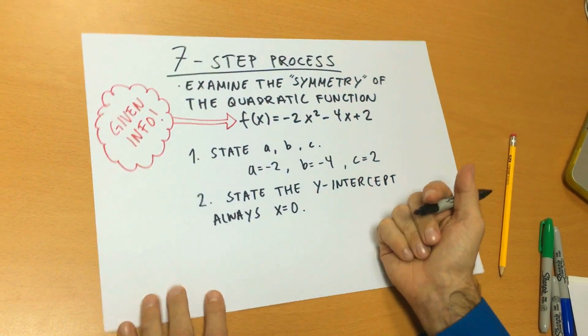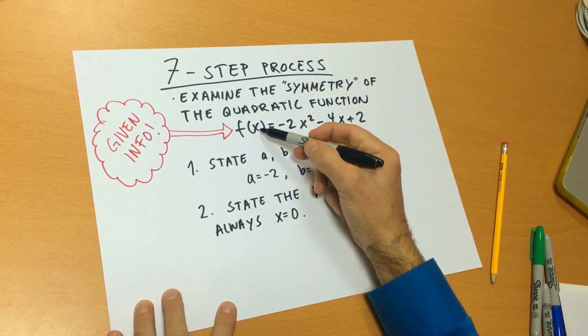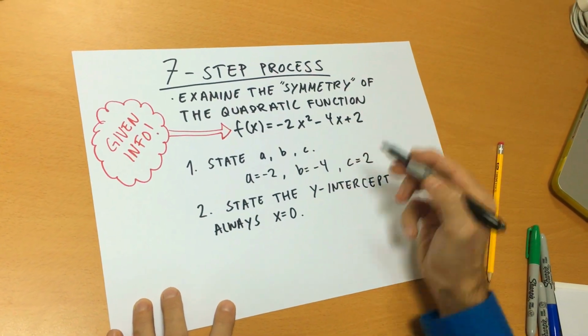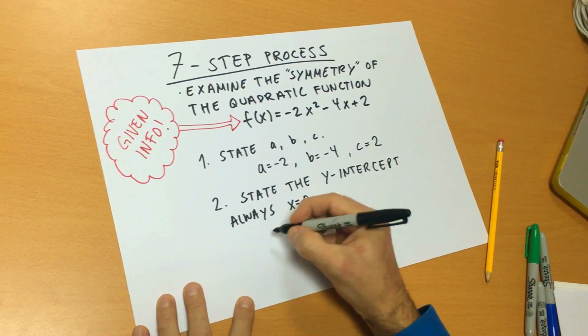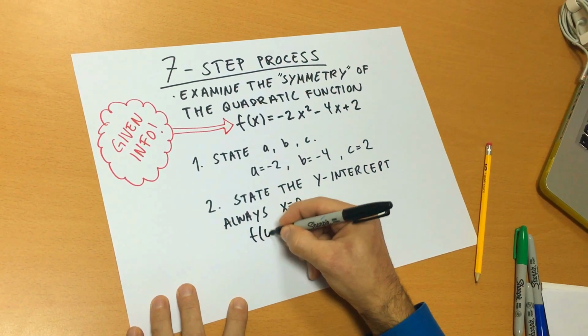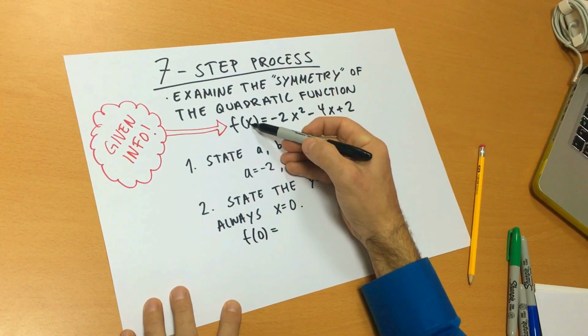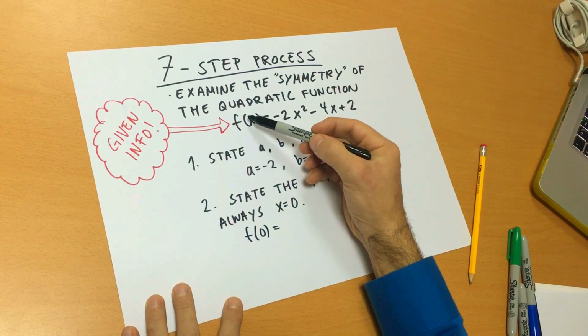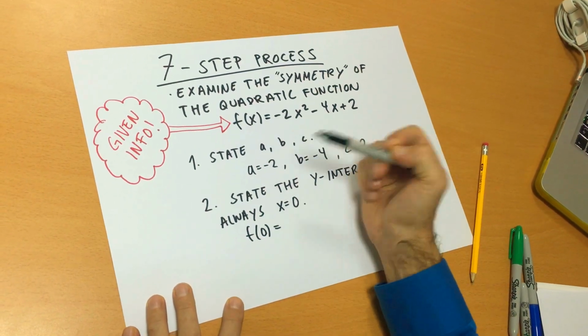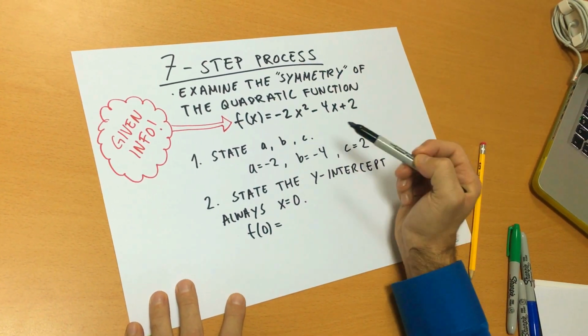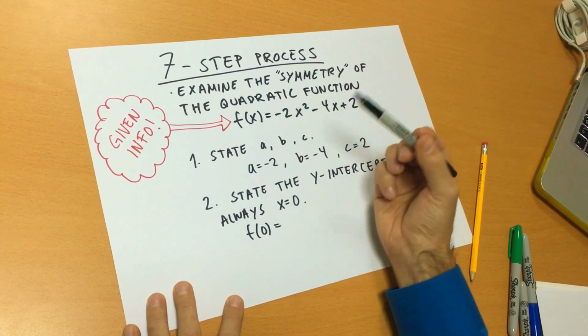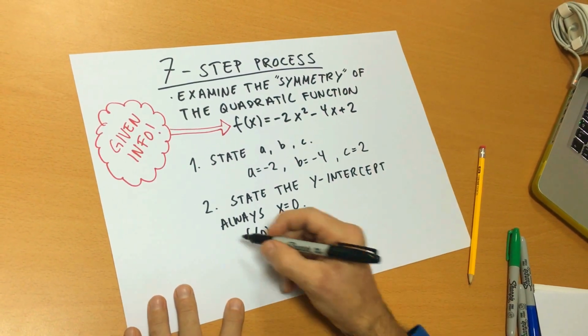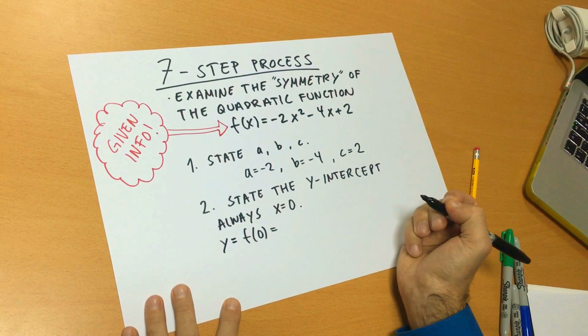But what is y? Well, if I put in x equal to 0 into this function, we will have f of 0, because x is 0 here. Sometimes we call this y equal to something with x squared, and this is a synonym for that. So you could also say that y is equal to all of this.